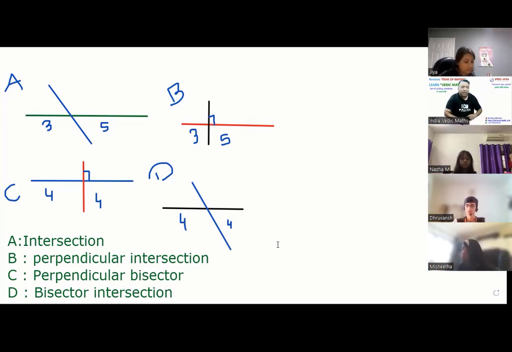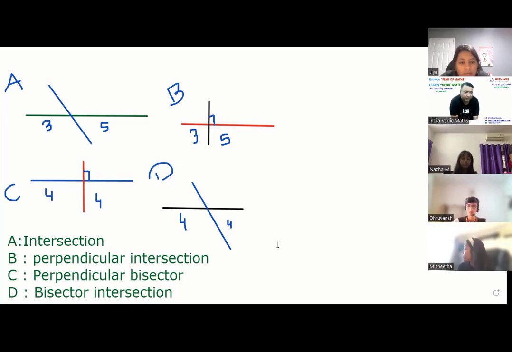Tell me, Jia, difference between C and D. You are on mute. Sorry. They both are equal, both are bisectors.